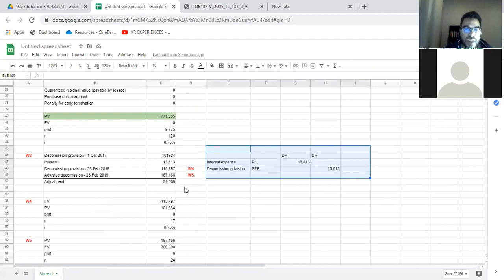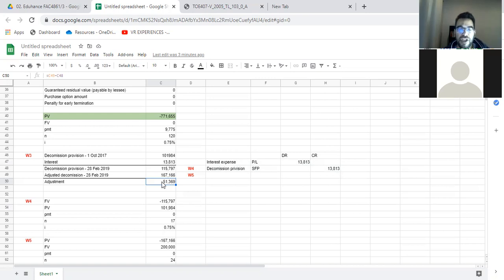Okay. This adjustment doesn't happen every year. It only happens when there's a change in the information relating to the decommissioning provision, either a change in discount rate or a change in the estimated cash flow.